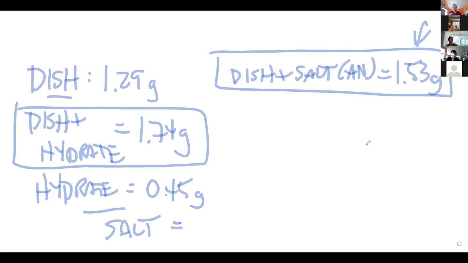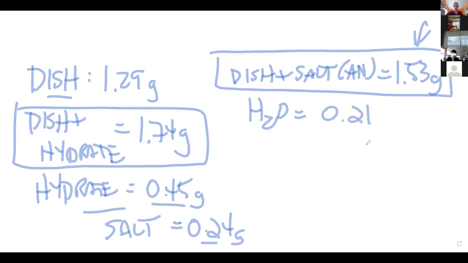So the mass of my salt is 1.53 minus 1.29. So the mass of my salt is 0.24 grams. So the difference between the hydrate and the salt is the mass of my water. So the water mass is 0.21 grams.